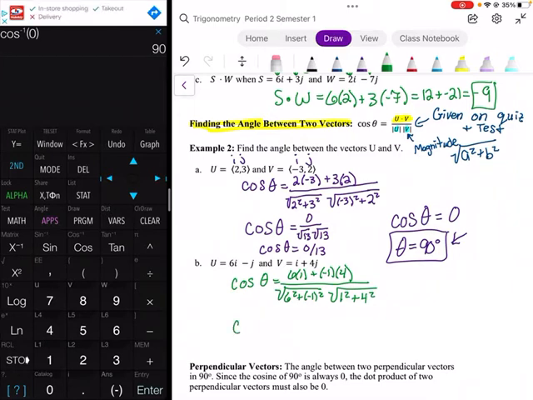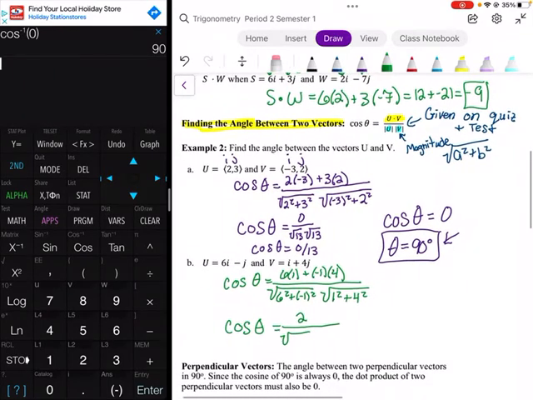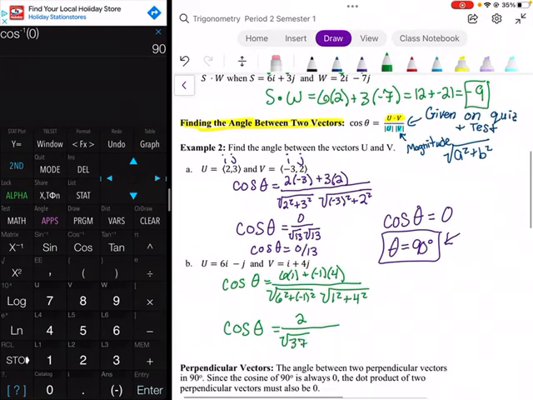So for this one, you would have noticed on the top we would have got 2, and on the bottom we would get the square root of 37 times the square root of 17. So these ones aren't very nice numbers.